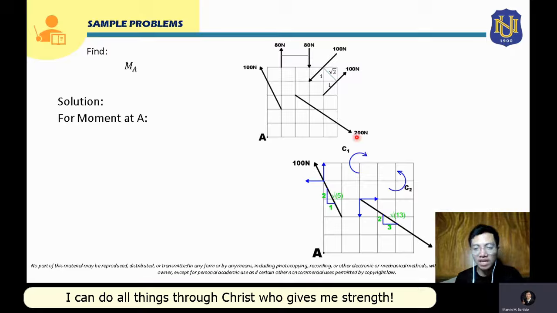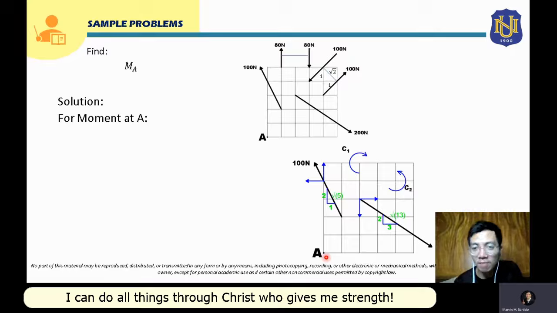Okay, so from here, class, we can now start summing up moments about point A. There are also forces here that we have to take their moment about point A. So for the 100 Newton force, we can put the components here using the principle of transmissibility, right? So we put the components here so that this vertical component will pass through point A, and it will just be canceled.